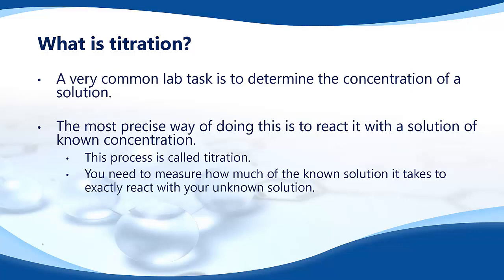You just keep adding that vinegar one drop at a time until the bubbling stops. When the bubbling stops, you've reacted exactly all of the baking soda, so there's no need to add more vinegar. And from the volumes of everything involved, you can figure out how concentrated your baking soda solution is. Right, so that's the idea behind what we're getting at here.